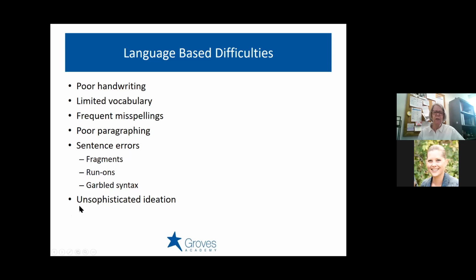And then generally unsophisticated ideation, meaning that the topic of the writing is not particularly well thought out, and it's not very well developed. So these are all functions of language to a certain extent.